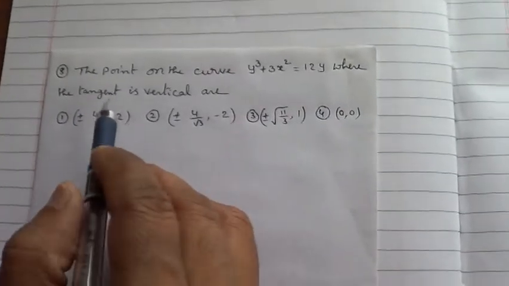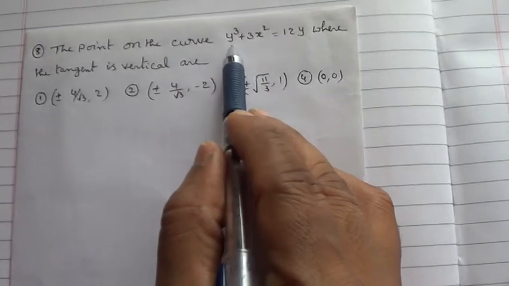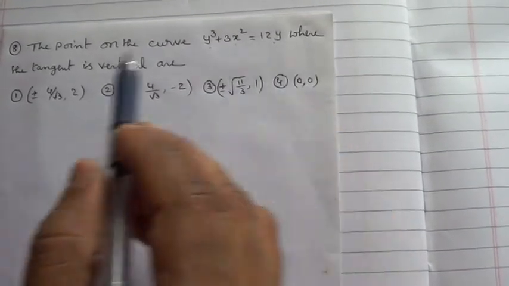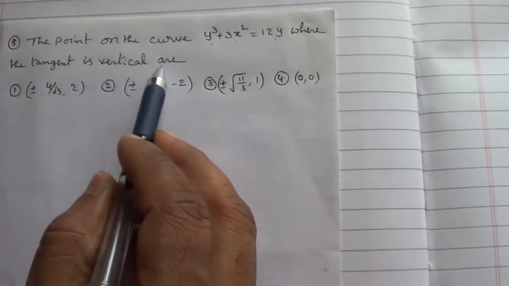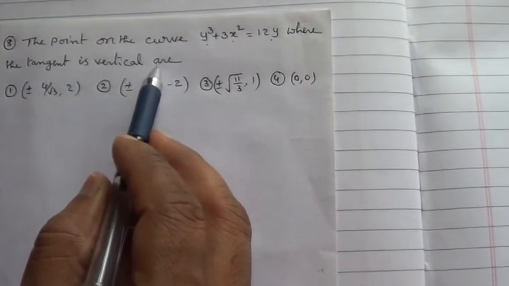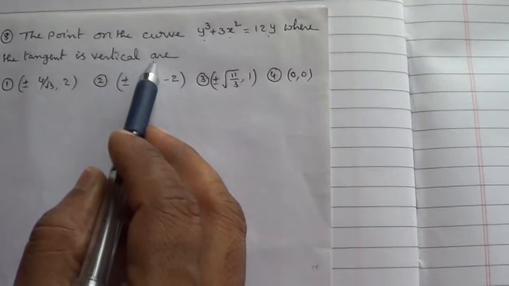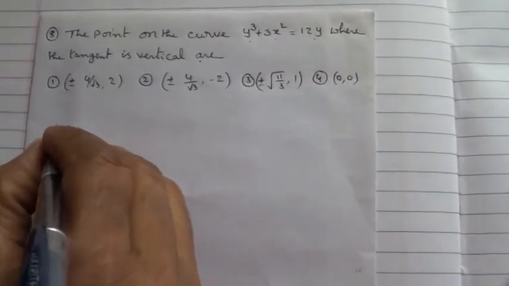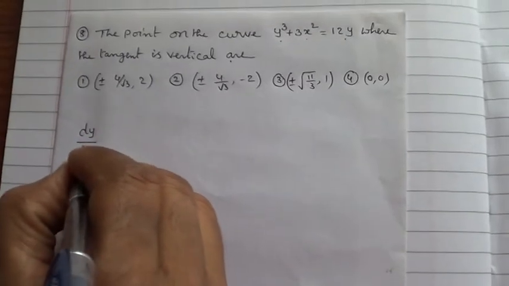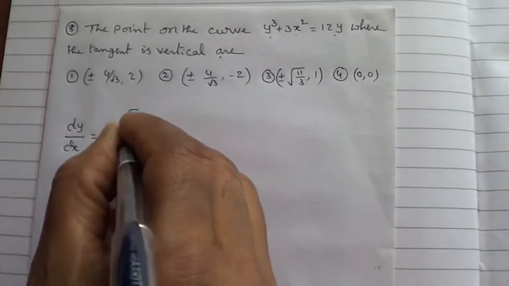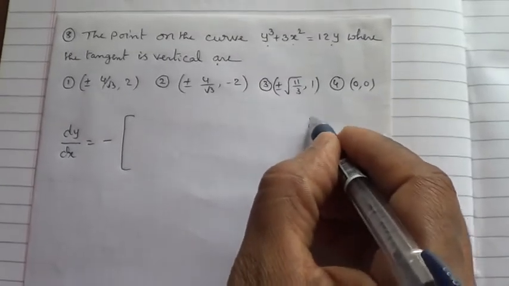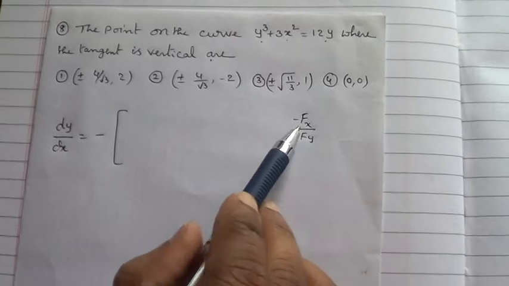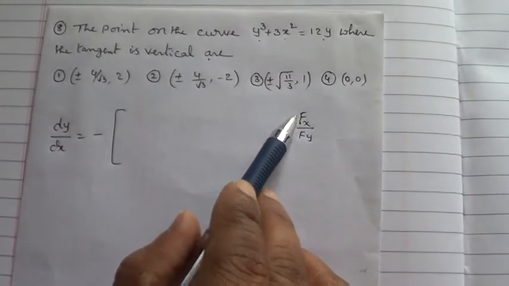So this is another question given. The point on the curve y cube plus 3x square is equal to 12y, where the tangent is vertical. Tangent is vertical means what? Slope not defined. So slope not defined at what point? Differentiate this one. dy by dx is equal to minus of fx divided by fy, partial differentiation, right?